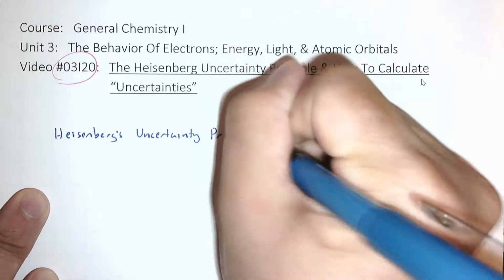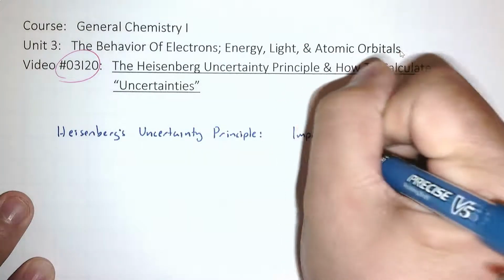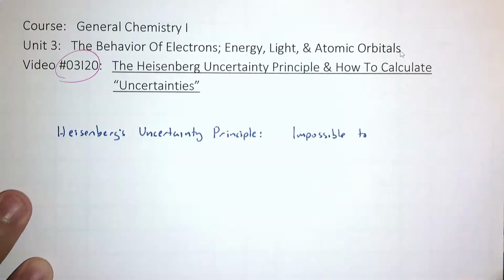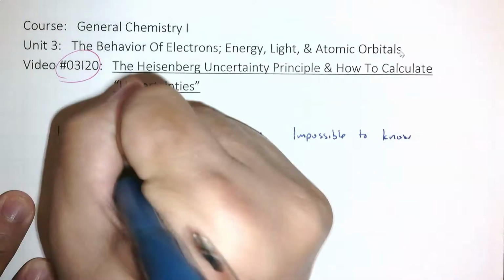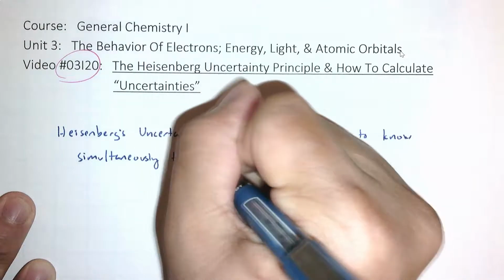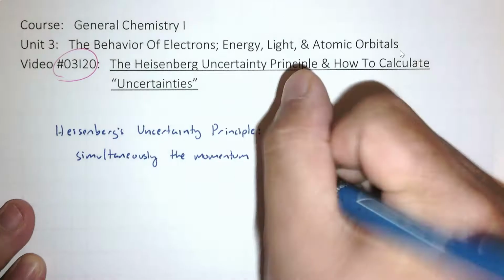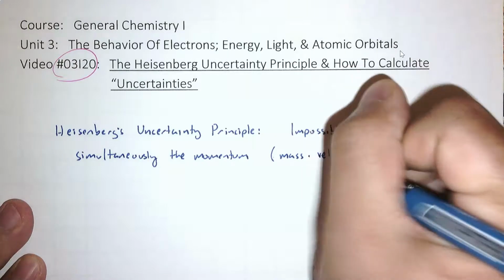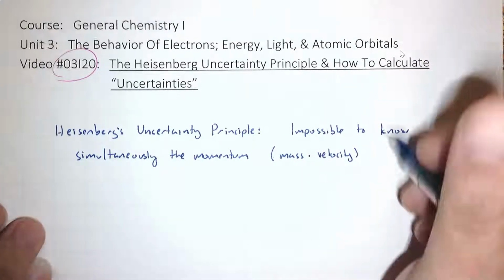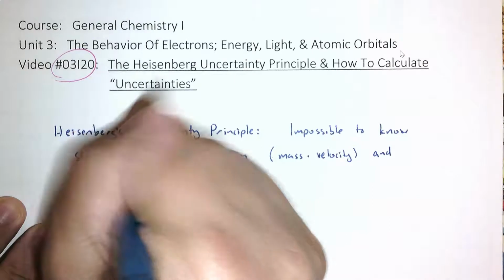Okay. He says that it's impossible to know simultaneously the momentum, and recall that momentum is the product of mass times velocity, and position, momentum and position, with certainty.